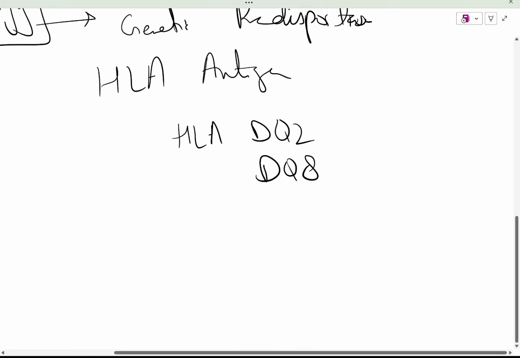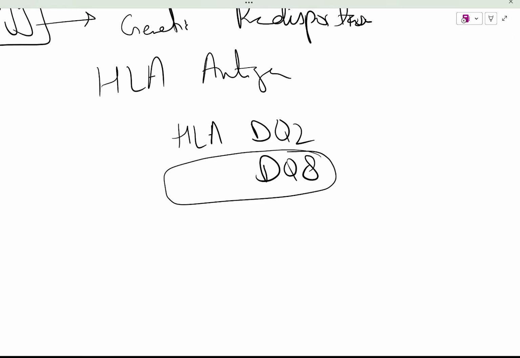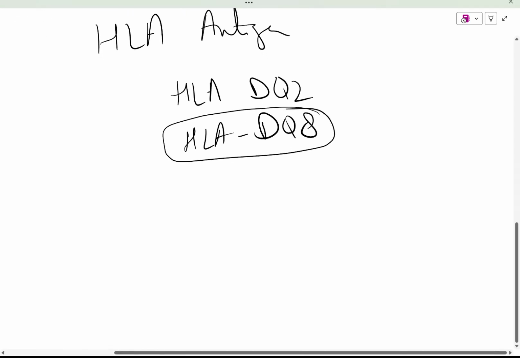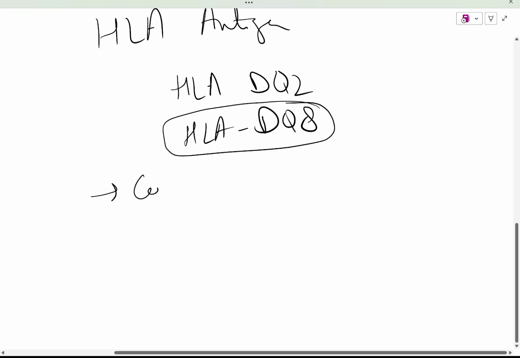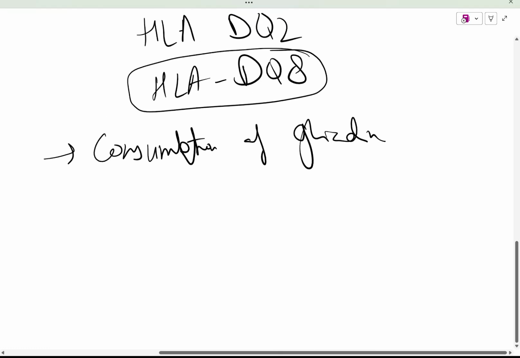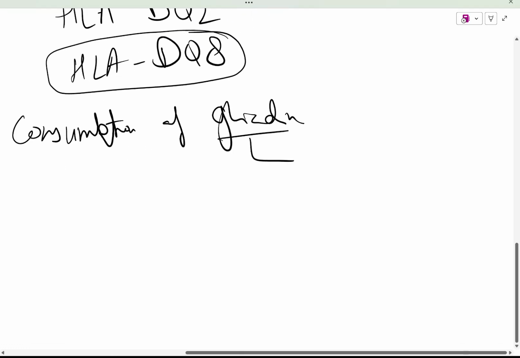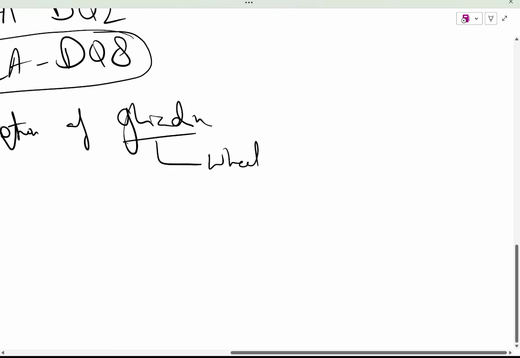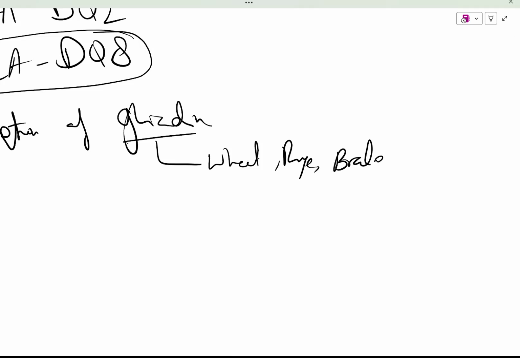Eight is easy to remember, as the patient usually presents at 8 to 12 months of life: HLA DQ2 and HLA DQ8. The second cause, a risk factor, is consumption of gliadin or a gluten diet. Gliadin is present in wheat, rye, barley.